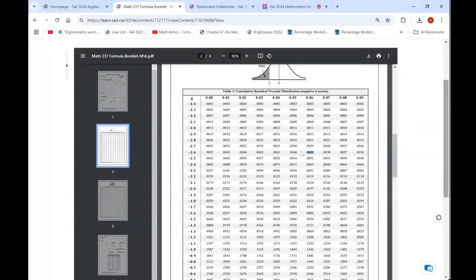So if I have, let's say, 1,000 data points, take the 0.39 of that.